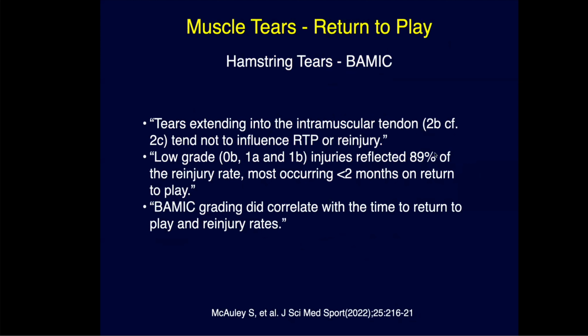And they found actually the bulk of the re-injuries occurred in low-grade lesions, and the injuries tend to occur within the first 2 months after returning to play, which is kind of interesting, because the next thing they said is that the British classification system did correlate with the time to return to play and re-injury rates.